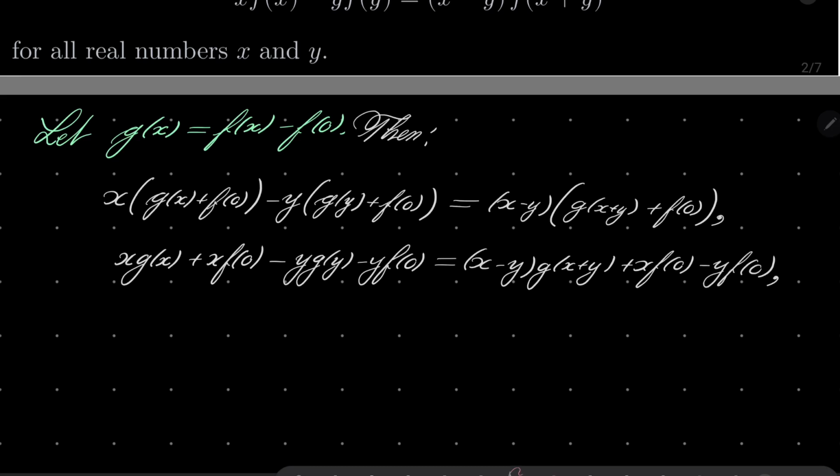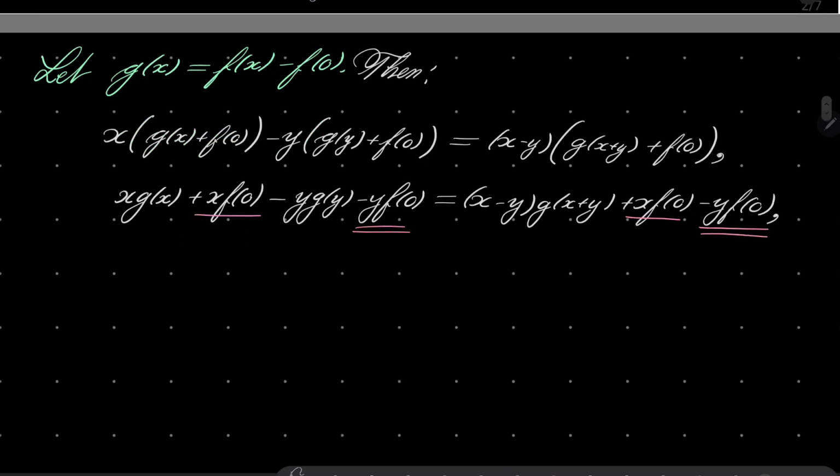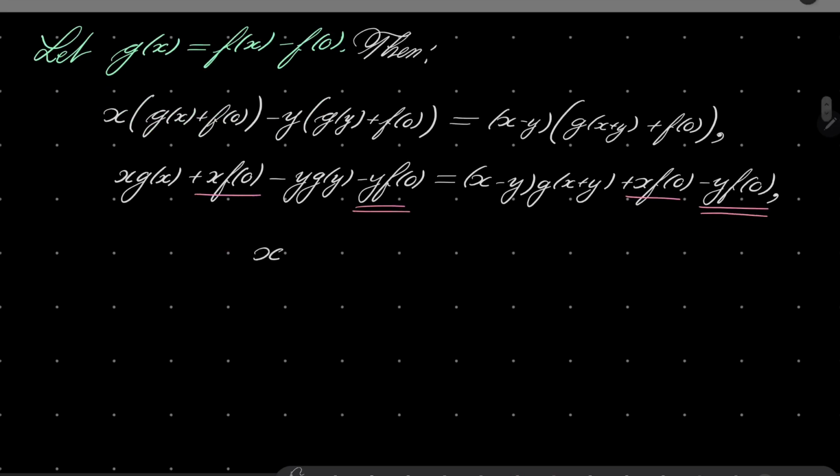Now we see that some cancellations can be done, namely, here we have x f of 0, here we have x f of 0, here we have minus y f of 0, and here we have it as well. So it turns out that our function g satisfies exactly the same equation.